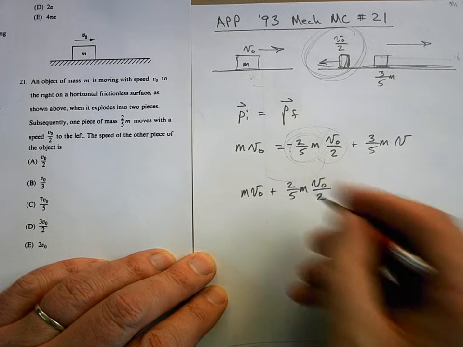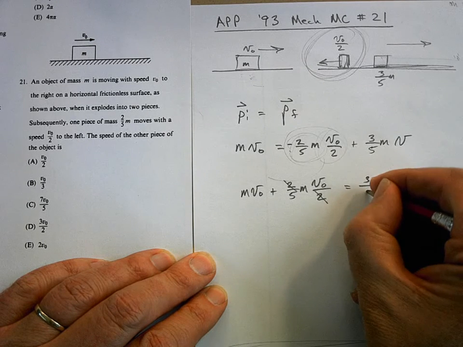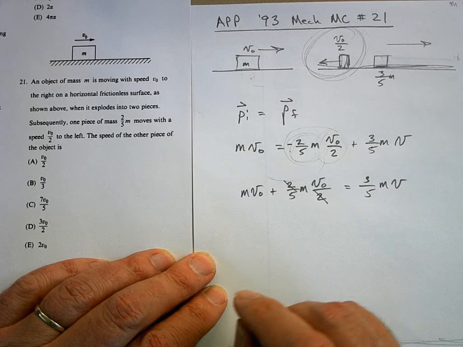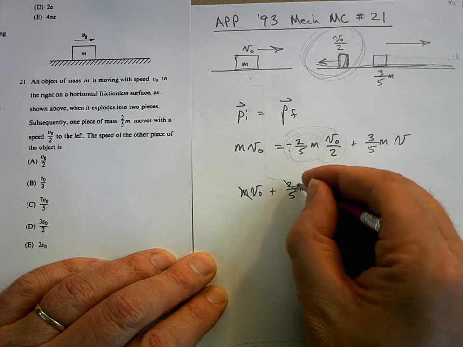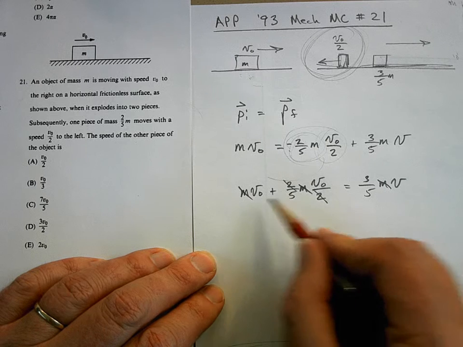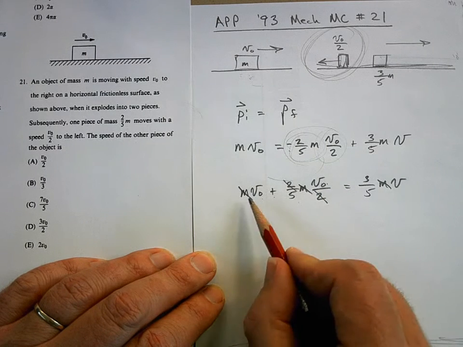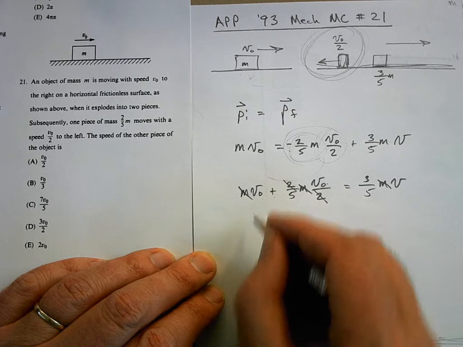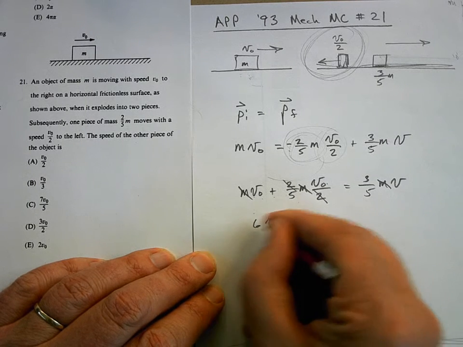Oh, I should have simplified this first. That's going to be equal to 3/5 m v. One thing I could do is just eliminate m from the equation. Then we've got v0 plus v0 over 5. Get a common denominator, so that's 5 over 5, and you have 6 v0 over 5.